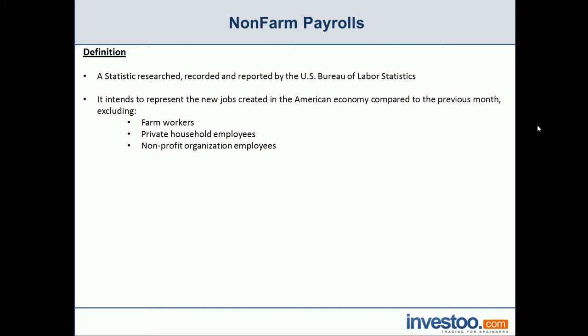So this is basically what the non-farm payrolls represent. It represents the number of jobs that the American economy has created compared to the previous month, and the number always ranges between plus 100,000 to plus 300,000, or sometimes a little bit more.